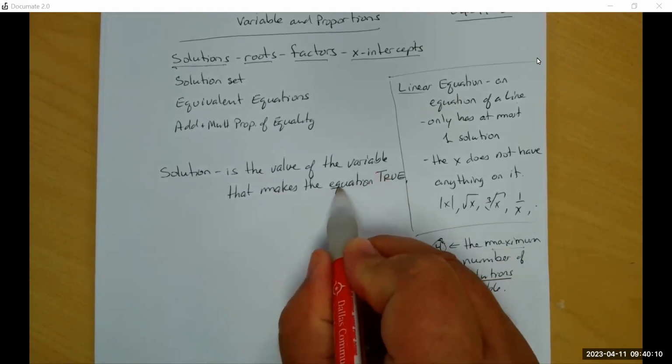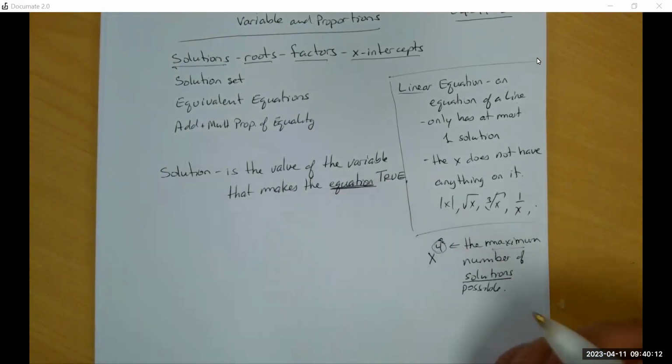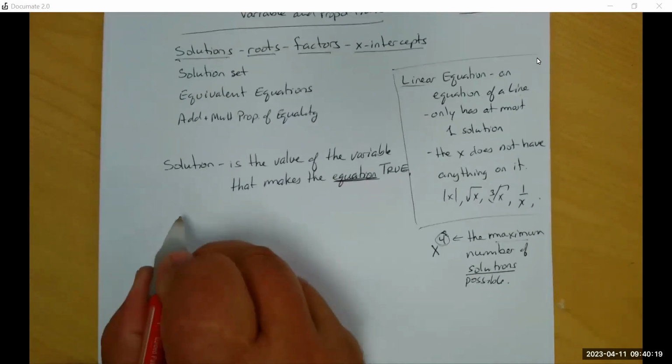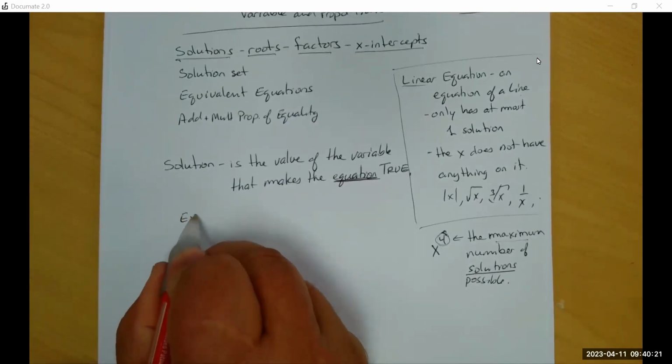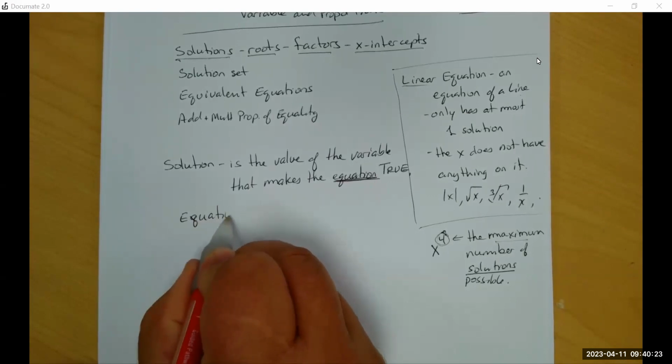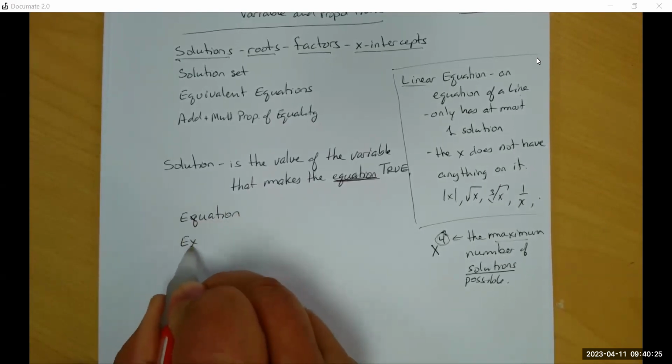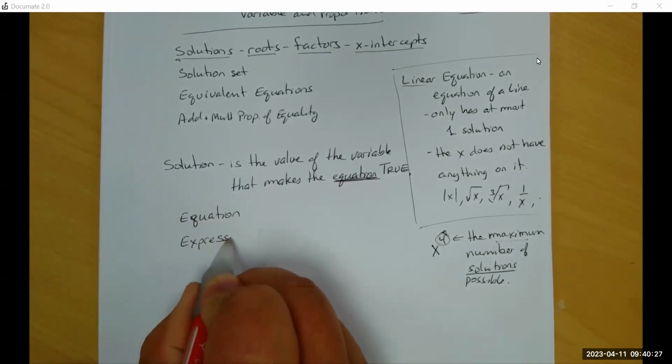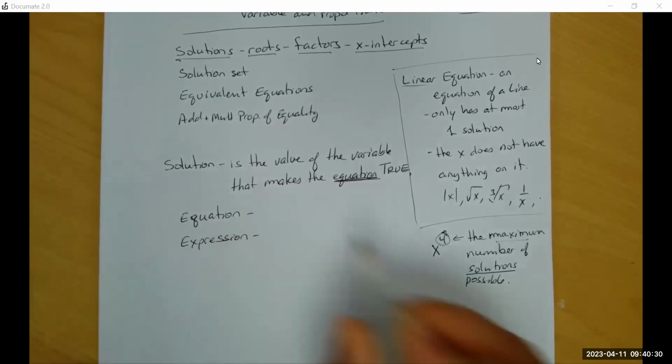Okay, in this, what does equation mean? What is an equation? We have two types. We have equation and we have an expression. What's the difference?